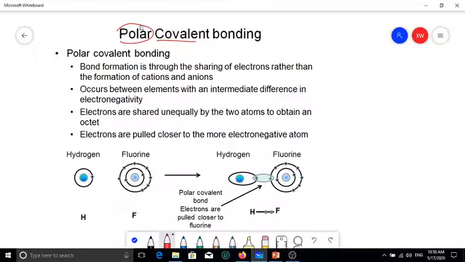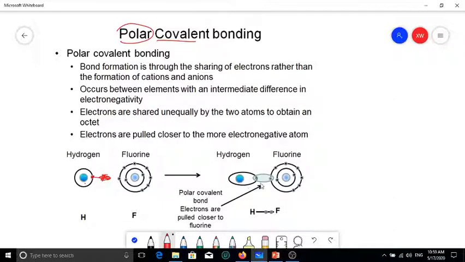So a polar covalent bond usually happens between 2 non-metal elements. Fluorine obviously has a higher electronegativity than hydrogen, so it's trying to pull this electron to fluorine from hydrogen, but the difference between hydrogen and fluorine is not that huge. It's not like sodium and fluorine.